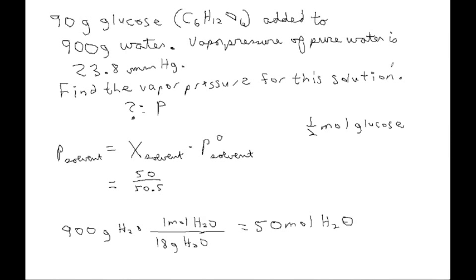And since that's X, then P solvent is equal to 0.9900 times 23.8. That is equal to 23.56435. So it's equal to 23.56.